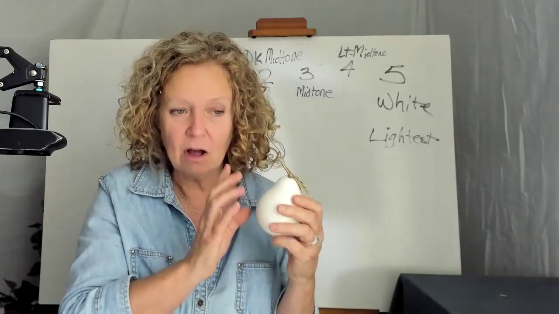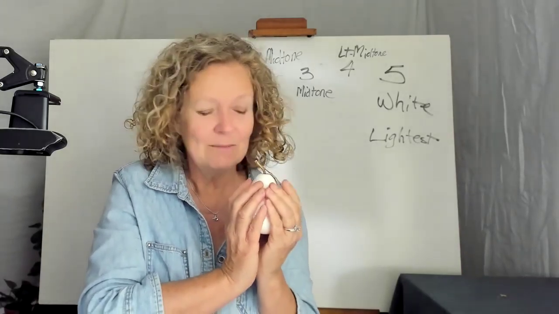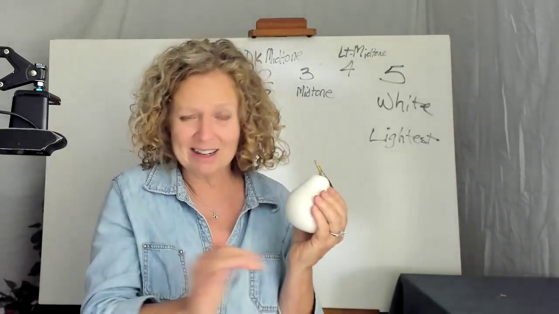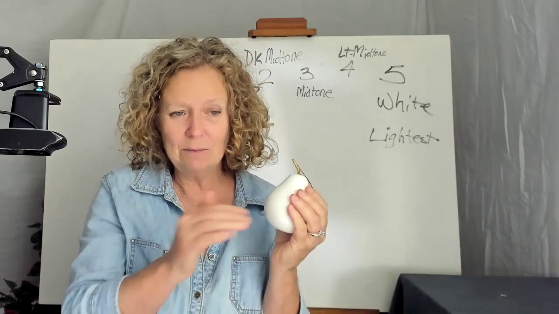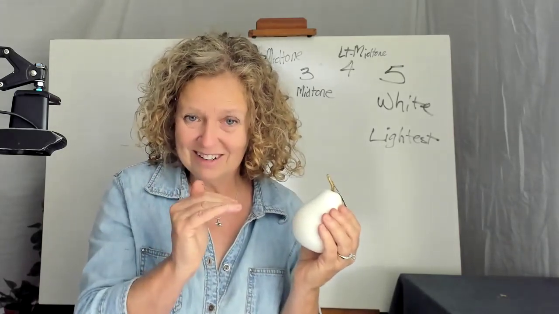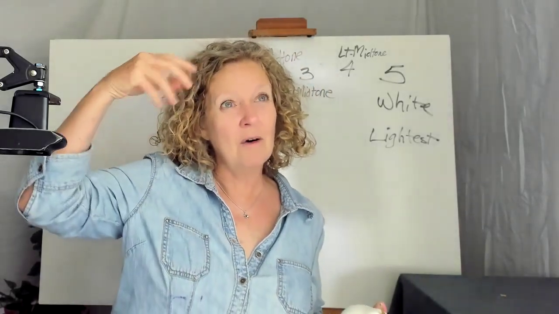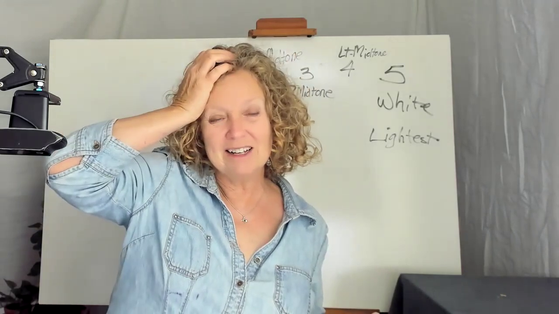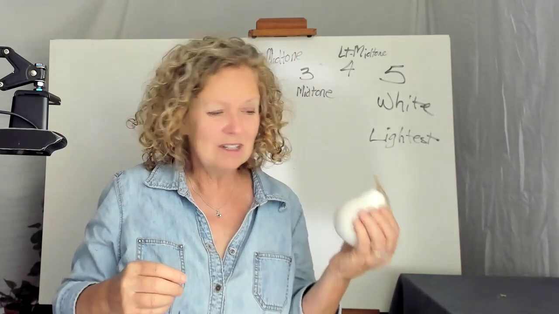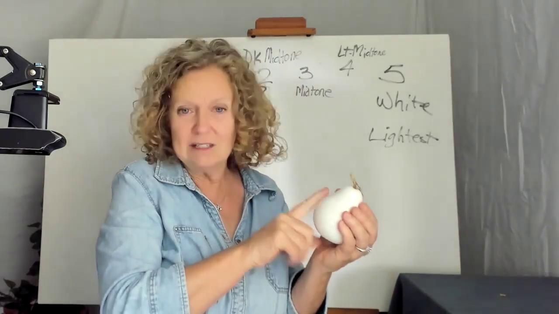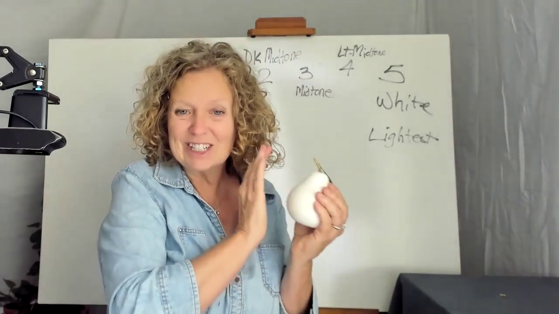So shadows on white objects can't be black. They're going to be more of a midtone. Okay? So that's just a side note, something that you don't have to overthink, but just realize. Because when we start painting white objects, I don't want you to think, okay, that's a black, because it's a shadow.